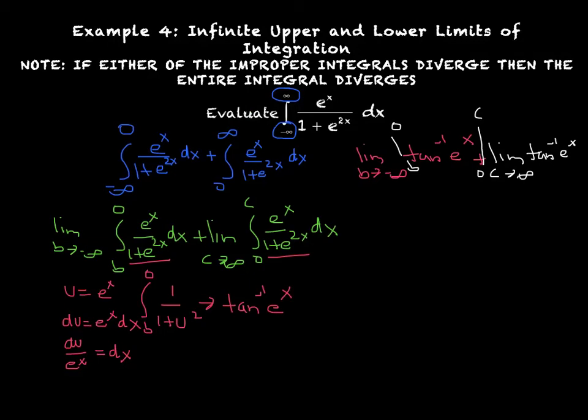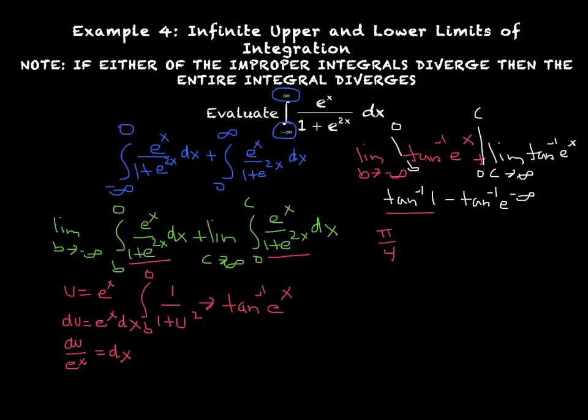Well, e to the 0 is 1, so we're going to have the inverse tangent of 1, all right, minus the inverse tangent of e to the b. Well, b is going to negative infinity, so e to the negative infinity. All right, so the inverse tangent of 1 is simply 45 degrees, or pi over 4.